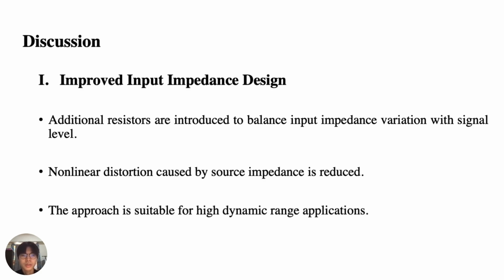As a result, the input impedance approaches a nearly constant resistive value at large signal levels. This behavior helps reduce nonlinear interaction with the source impedance and therefore lowers signal-dependent distortion.